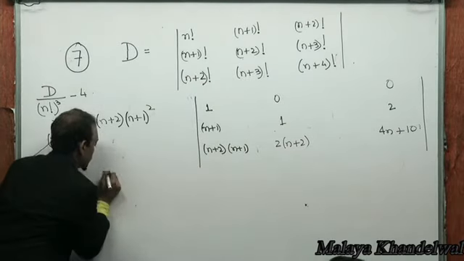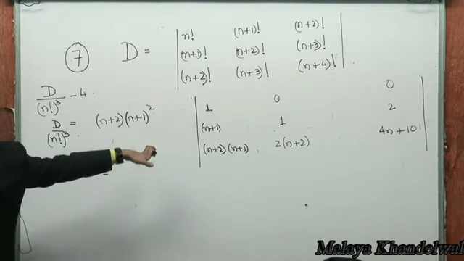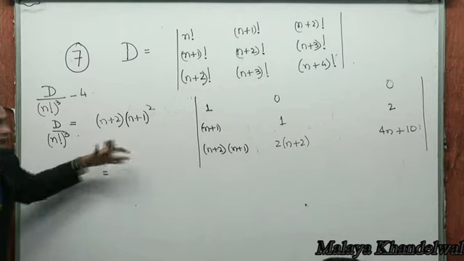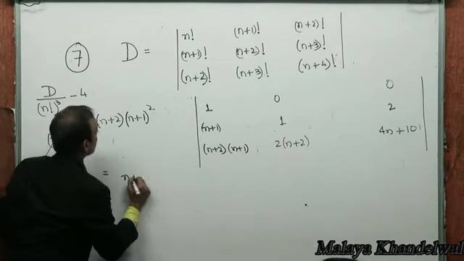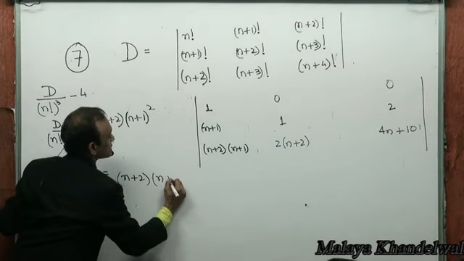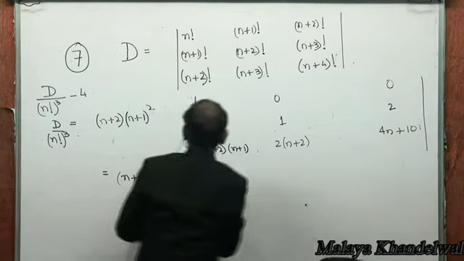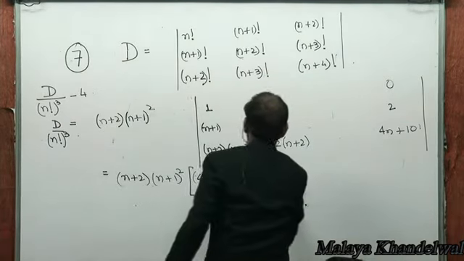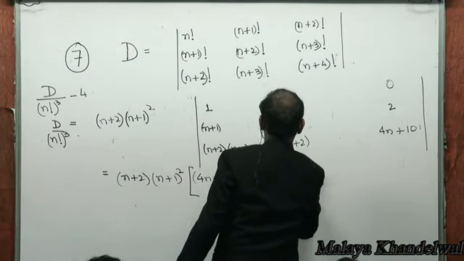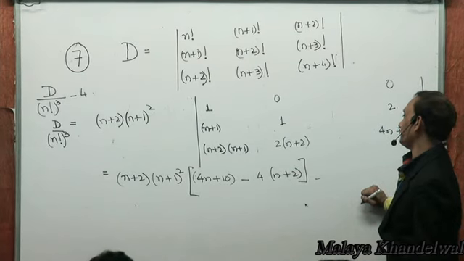I'm only assuming that, in the process of erasing and writing, I have not made a computational error. If I have, fix it. I erased and then manipulated, so it might have goofed up, but you want to check this. N plus 1 whole square, and then 4n plus 10 minus 4 into n plus 2.